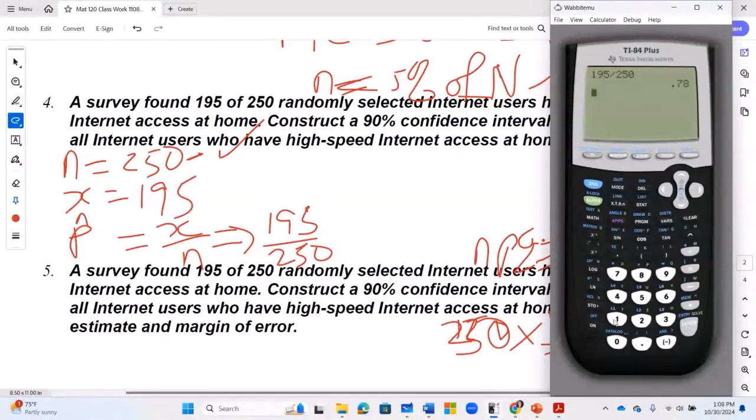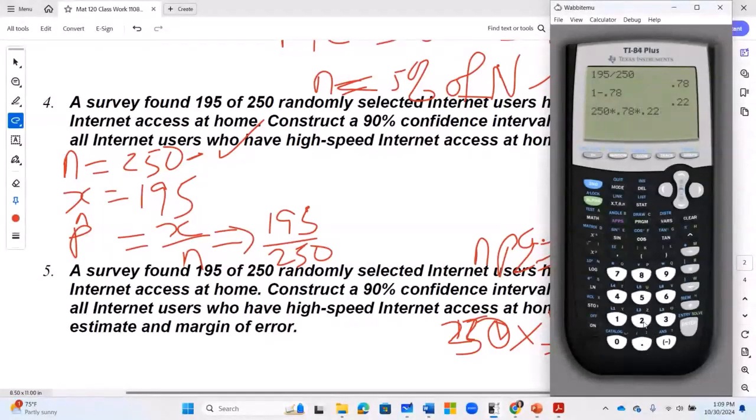Therefore, the probability of failure is 1 minus 0.78, which is 0.22. So now I have everything. All I need to do is multiply the sample size by success, 0.78, multiplied by failure, 0.22.